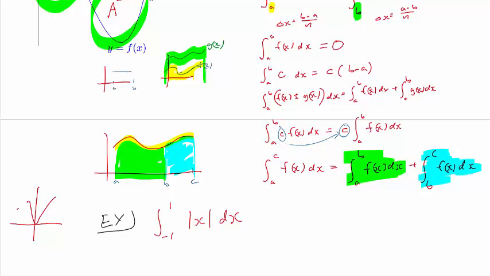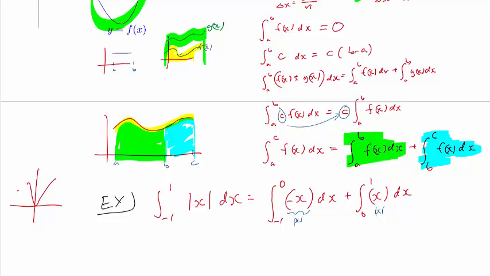So we're going to break this up so that we go from the integral from -1 to 0, and that would be -x, because that's the definition of absolute value. It'll always be negative if you're less than 0, and then plus the integral from 0 to 1, now of positive x dx, right? In both instances, this is the absolute value of x. So we have not violated anything.